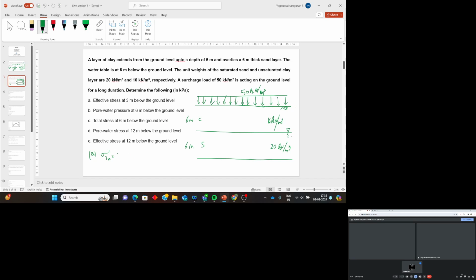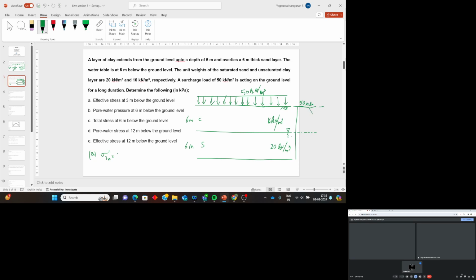Now if you draw the total stress diagram, what will be the stress at ground level? Surcharge is acting, right? So it will be 50 kilonewton at ground level, 50 kPa.